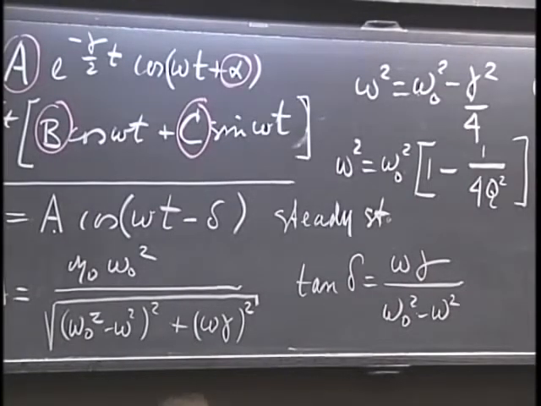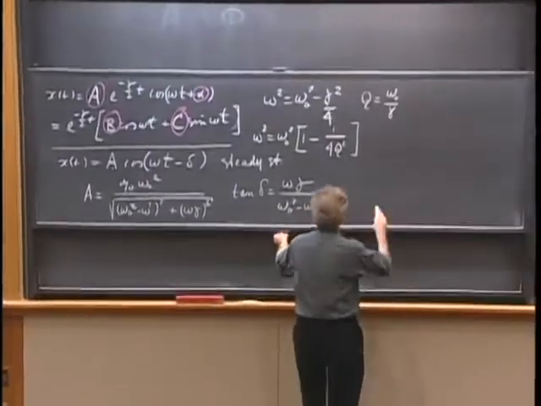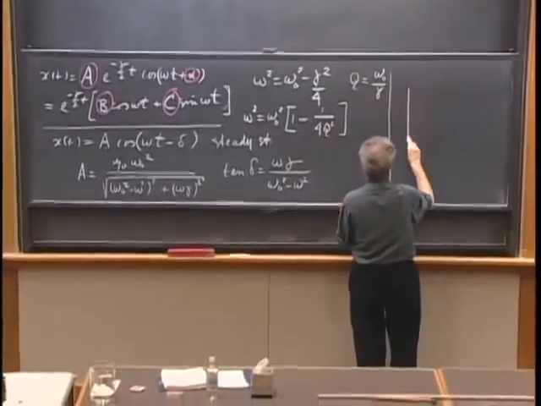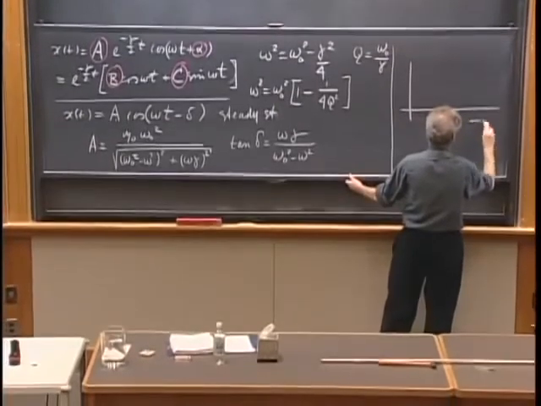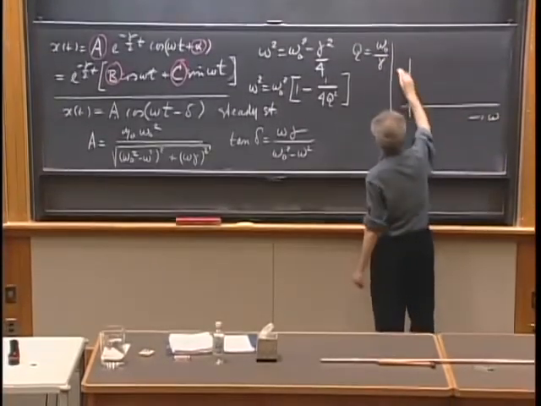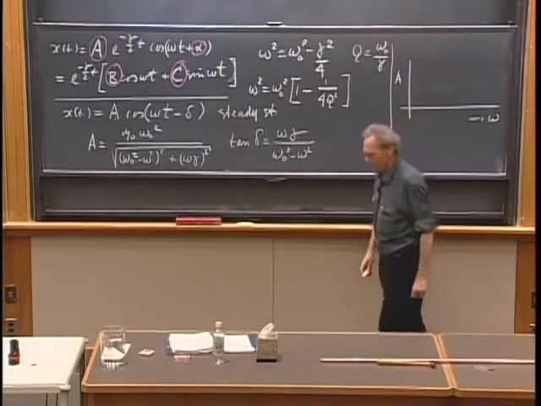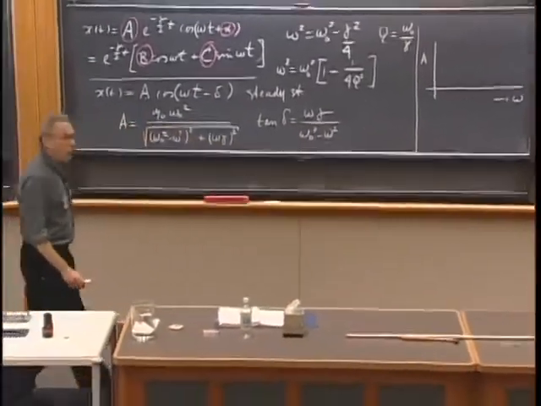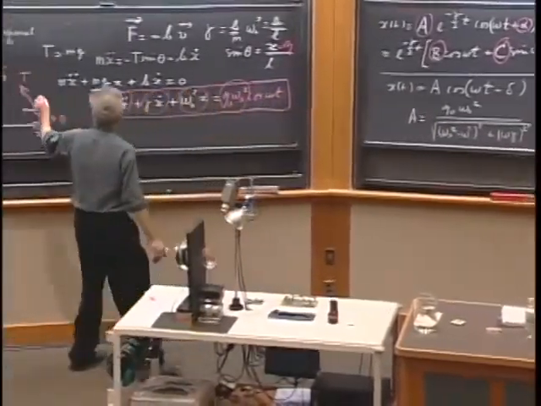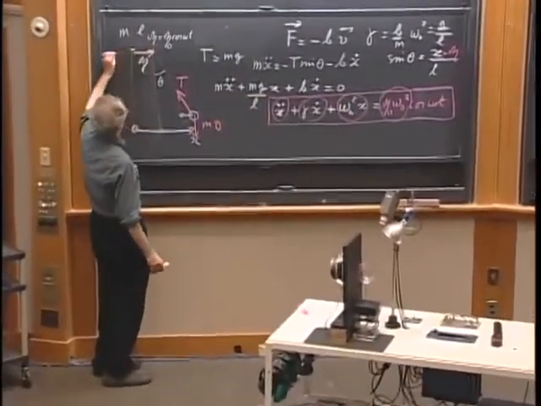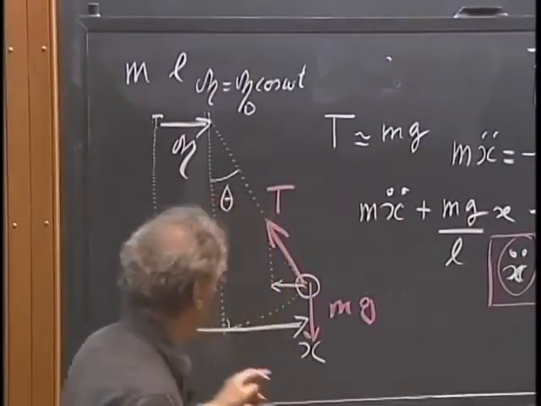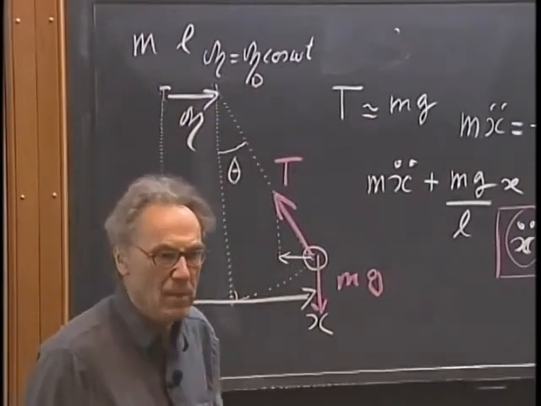If we plot that function A as a function of omega, so here is omega, and here I'm going to plot the A, then I can recognize that if omega goes to 0, that means if I move this very slowly, that for sure the amplitude of this object must be the same as my hand, must be eta 0.